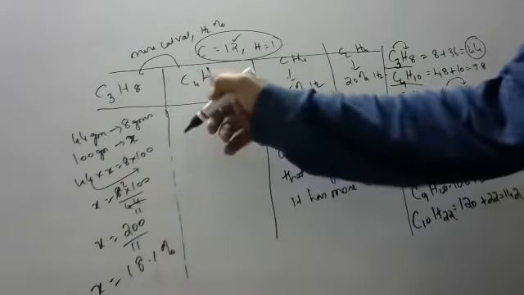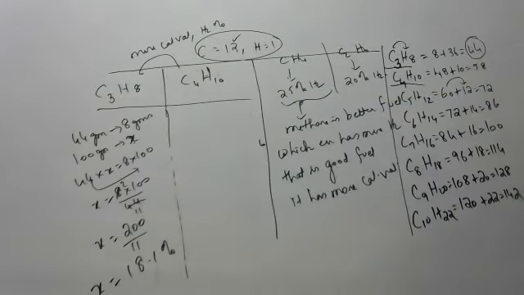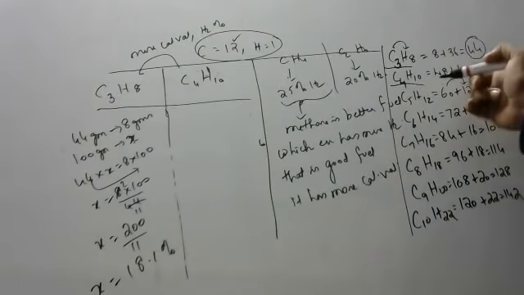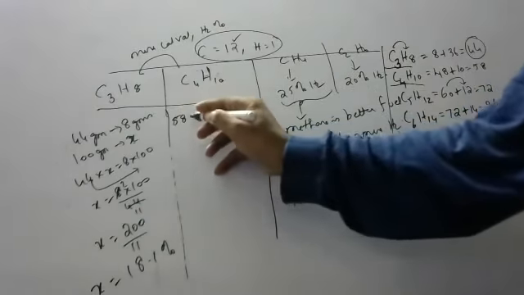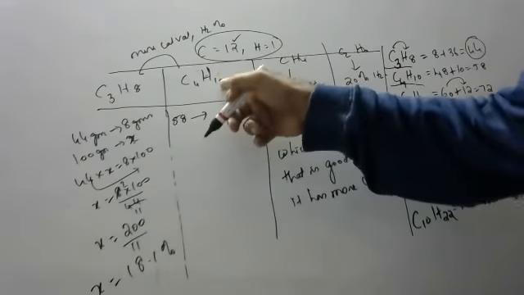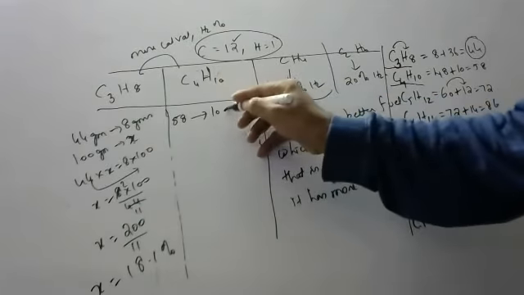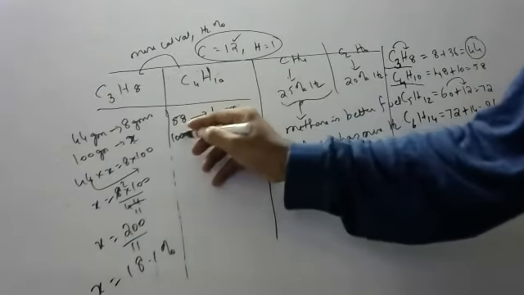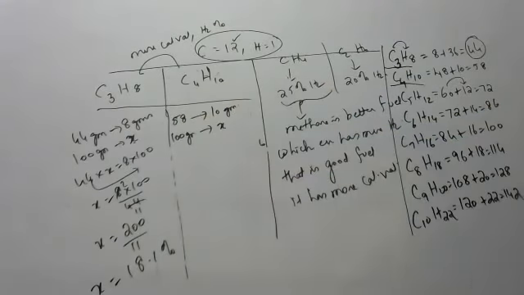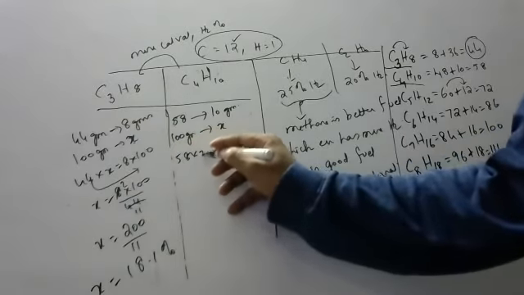Okay. Harsha, can you tell me how much percentage of hydrogen is there in butane? Sir, 48 plus 10 is 58. 58 has 10 grams of hydrogen. 100 grams has x. 58 into x is equal to 100 into 10.